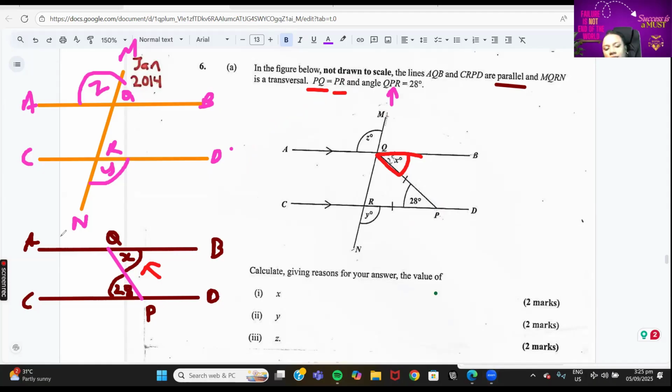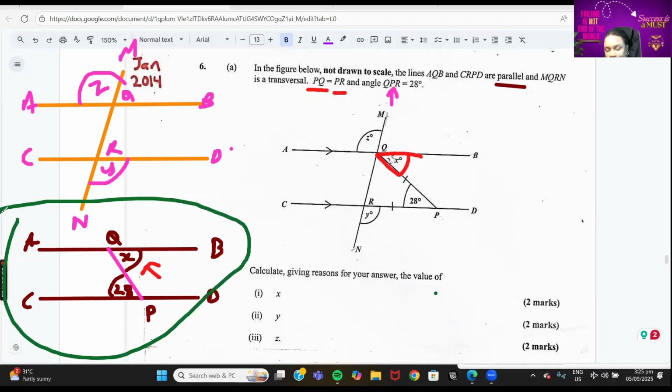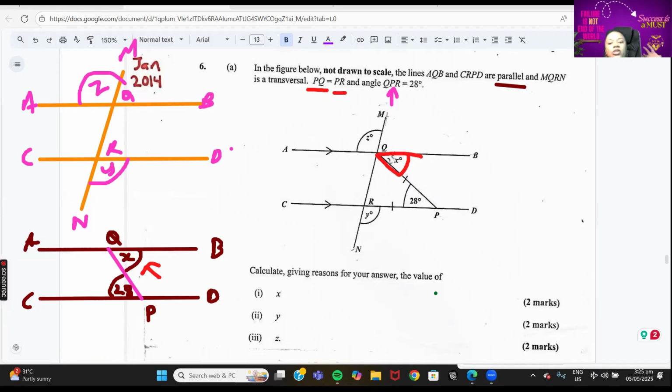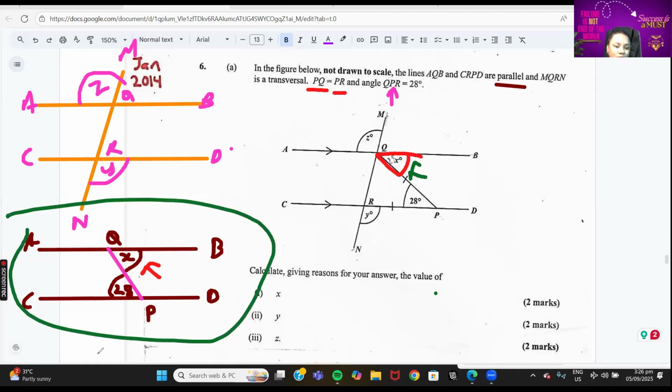So if you look at this, you have to look to see which of the lines the X is attached to. It's attached to the line that has PQ. That's this one. So then we need to focus on this one. And what do we see here?